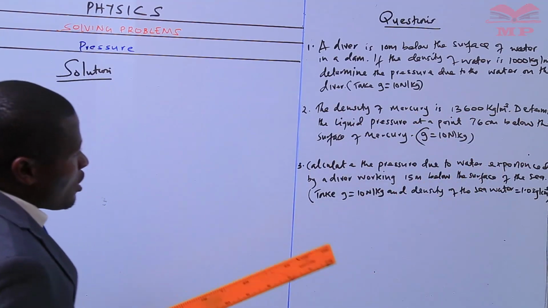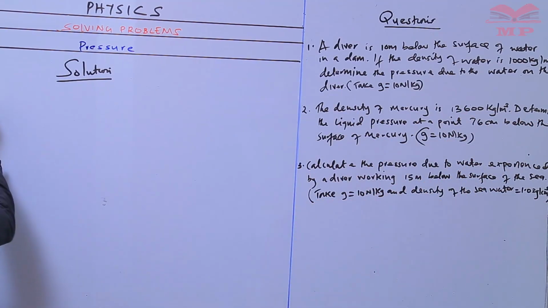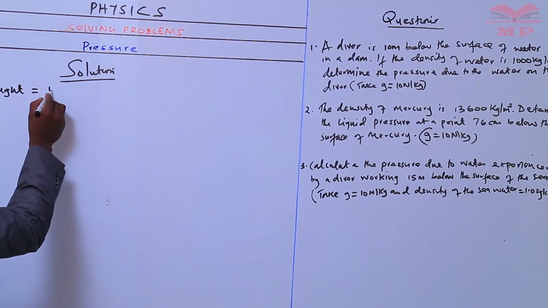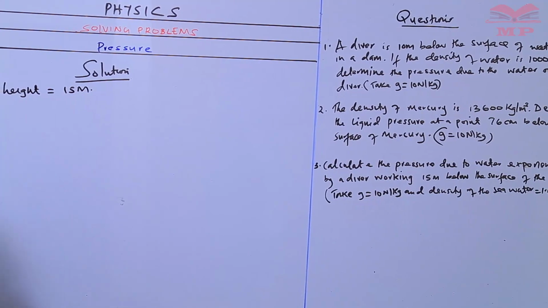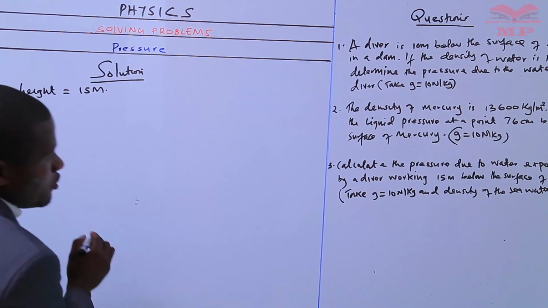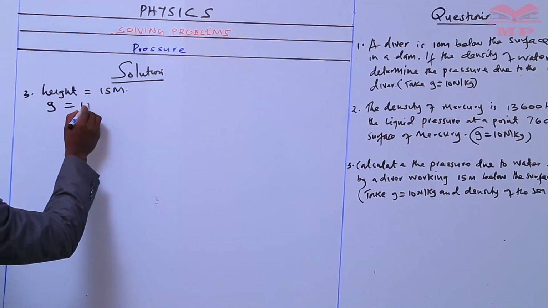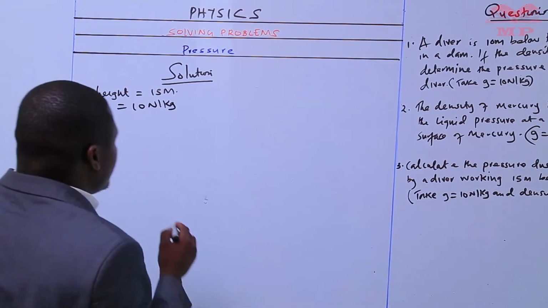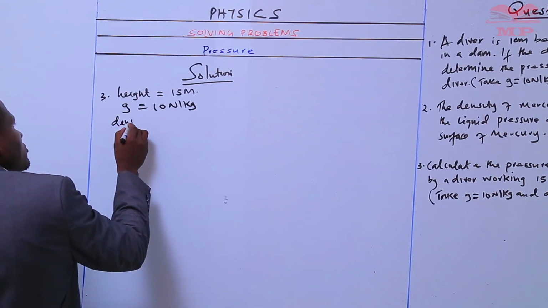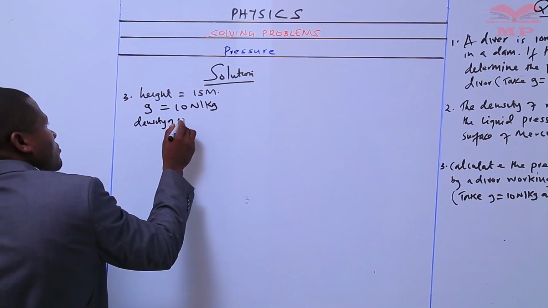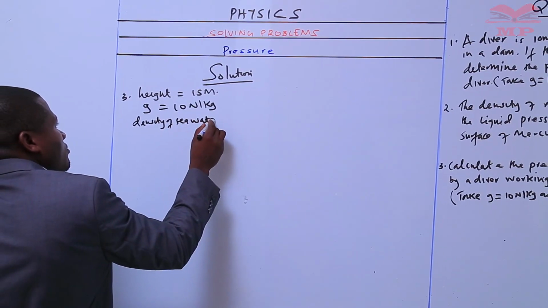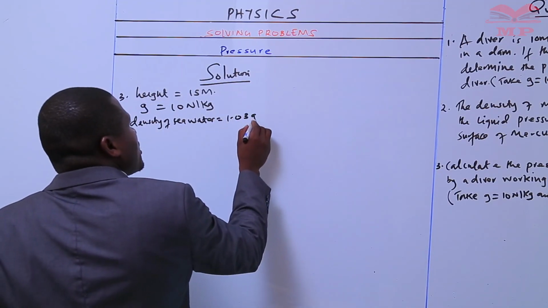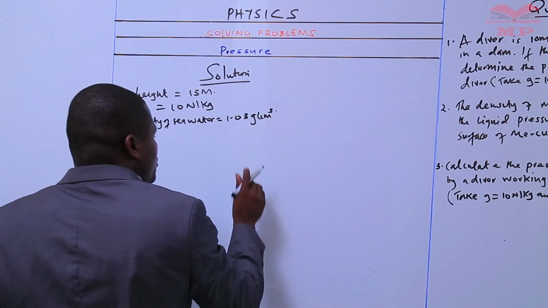From the question, we have height, for question 3, 15 meters. Then we have G, which equals 10 Newton per kilogram. Then we have density of seawater, given by 1.03 grams per centimeter cubed.